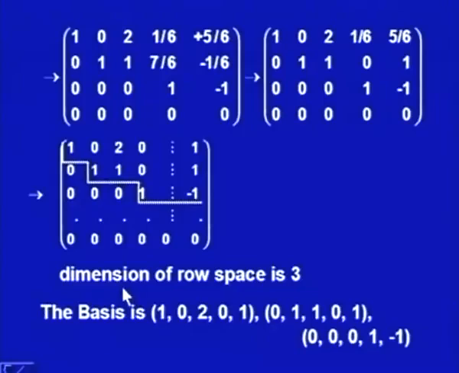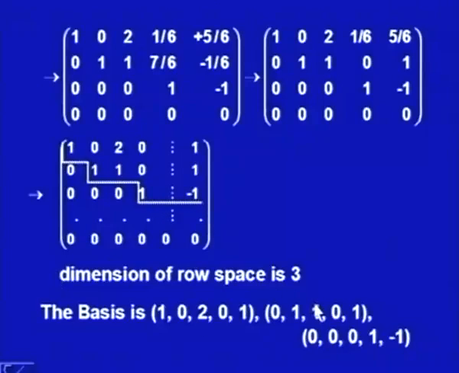So, the first vector is (1, 0, 2, 0, 1). This is an element of the basis of the given row space. Then the vector (0, 1, 1, 0, 1) also constitutes the basis, and the third vector is (0, 0, 0, 1, -1).